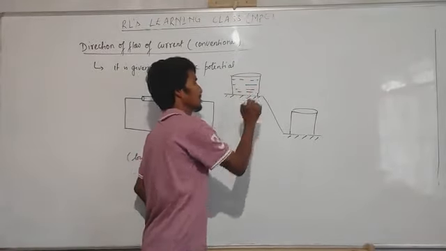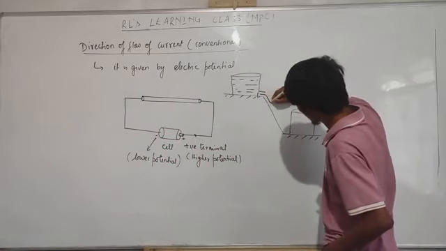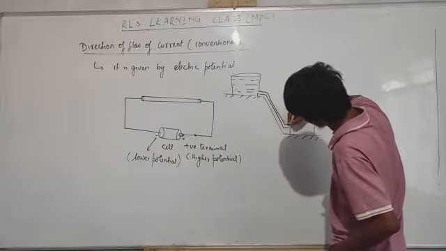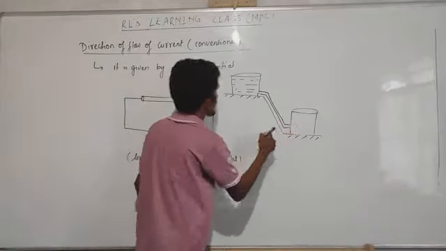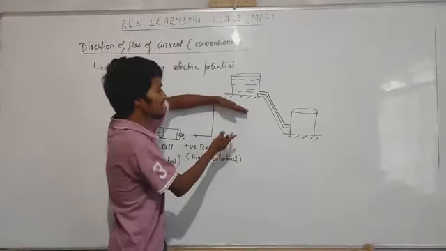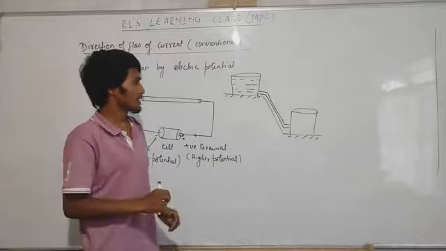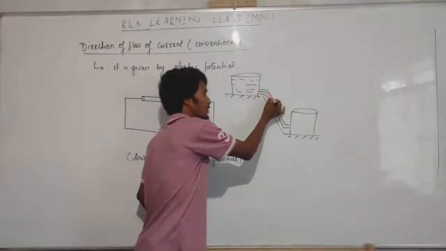This tank is connected to this tank with a pipe. Now let me put it here first: this one is at the higher level and this one is at the lower level. Then where will the water flow? Obviously you already know that water will flow in this direction.